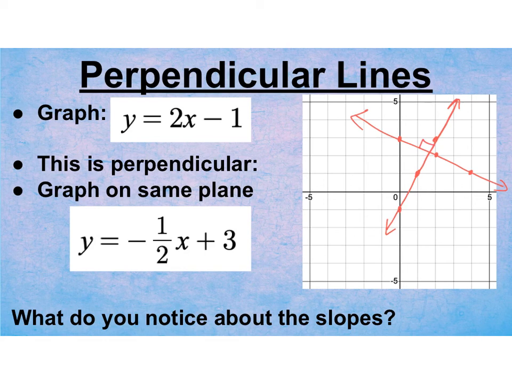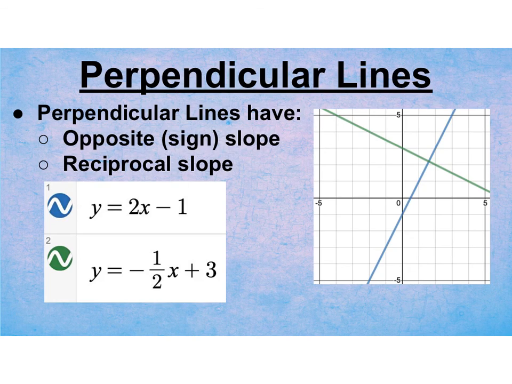And I can put a little right angle box on there. So now this first slope is positive, the second slope is negative, but how do the numbers themselves compare? How is 2 compared to 1/2? Well, this slope of 2 is really 2 over 1. When you have a whole number, it's over a 1. And then this one is 1 over 2. Those are called reciprocals. So with perpendicular lines, you're going to have opposite slopes and reciprocal slopes.